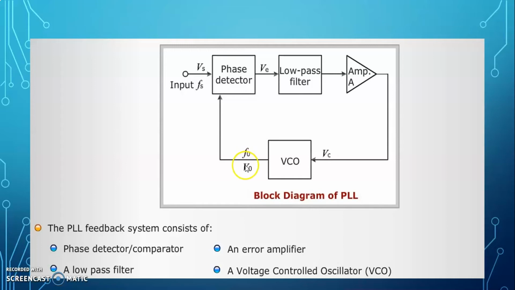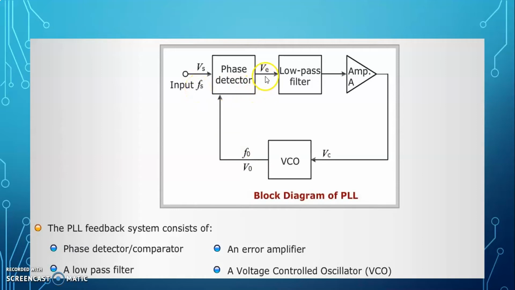Here F0 is the voltage controlled oscillator output frequency. It is also called the free running frequency or center frequency of the VCO, where Fs is the input signal frequency. At lock condition, the VCO output frequency F0 is equal to the input signal frequency Fs.